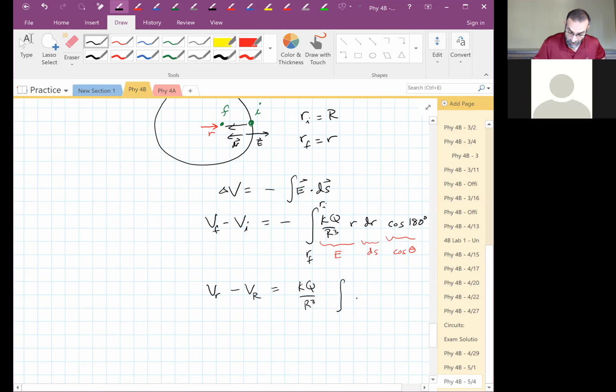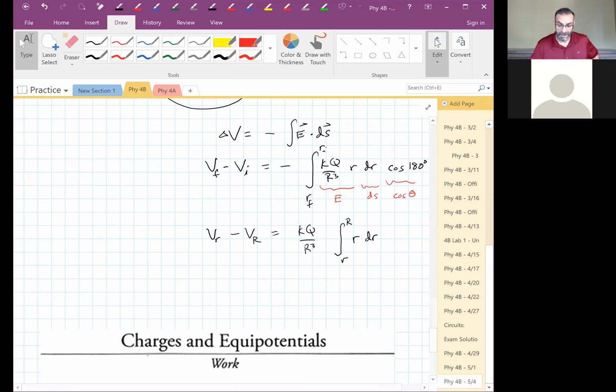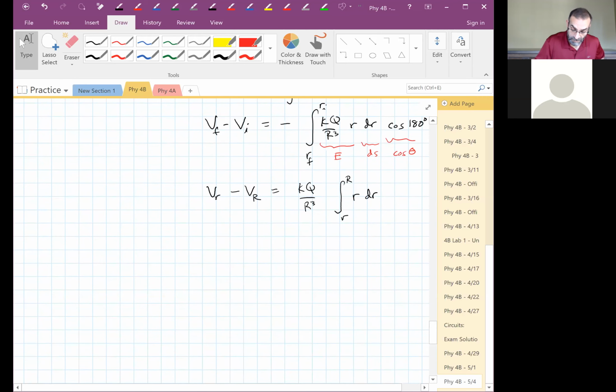I have an integral of r dr from r to capital R. So let's finish the right side of this equation, and then we'll check our signs. So this is going to be kq over R cubed, that's just our constant, times r squared over 2, evaluated from r to capital R.